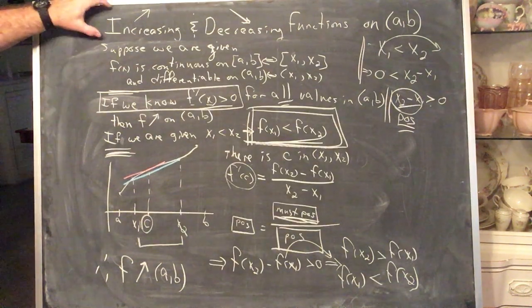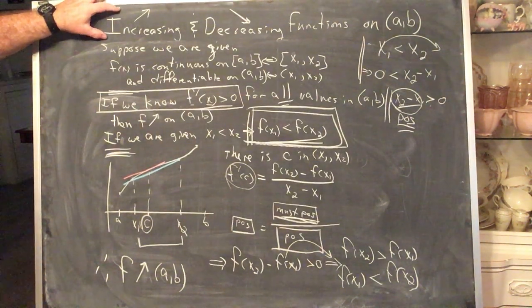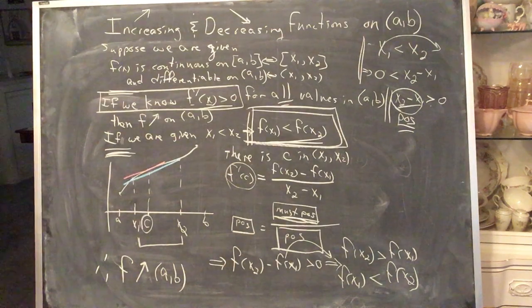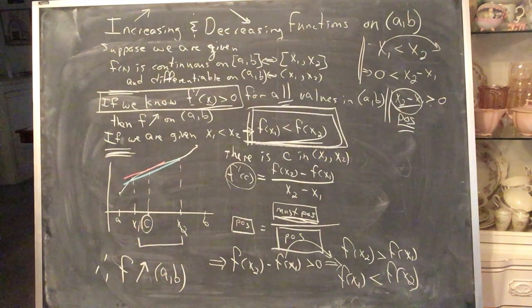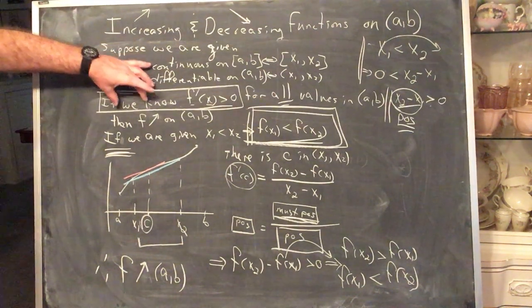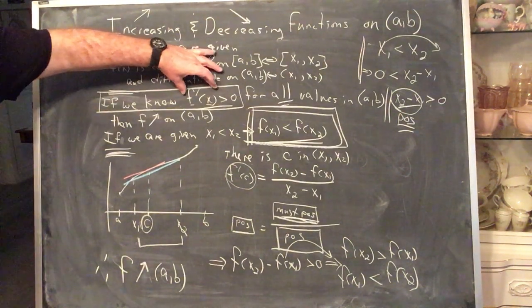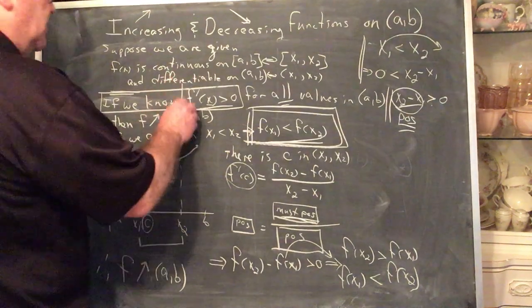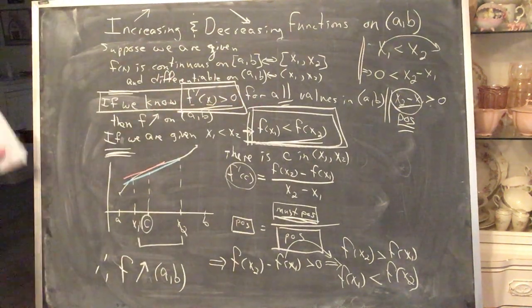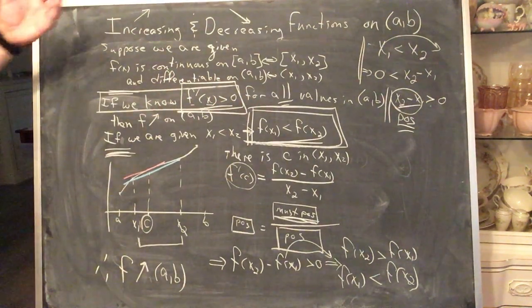And so yes, this will now be the method we will use to determine if a function is increasing or decreasing. A function is increasing on an open interval if the derivative is greater than 0 for all those values. That becomes the touchstone, the test that we will use to determine whether a function is increasing.